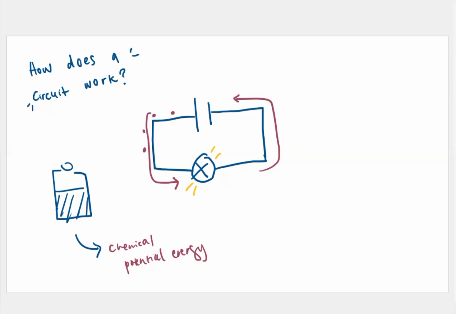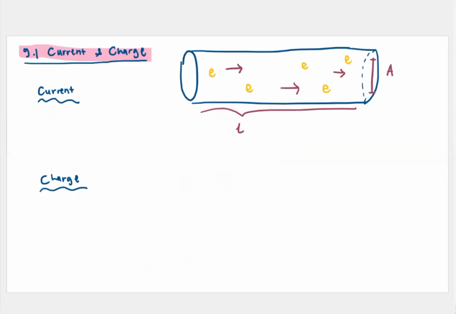Now, let us go to our first topic, which is 9.1, talking about current and charge. What is a current? So, the definition of current is simple. It is the rate of charge.